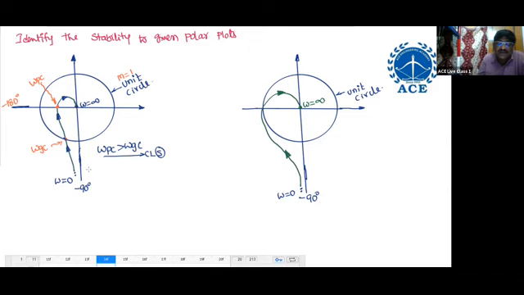Now find the gain margin and phase margin. For example, in the exam, they'll give the intersection point and angle.